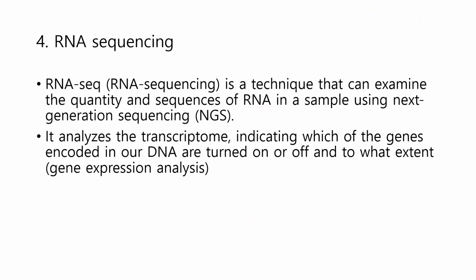RNA sequencing is a method which examines the quantity and sequences of RNA in a sample using NGS methods. It analyzes the transcriptome, so it shows information about the genes.